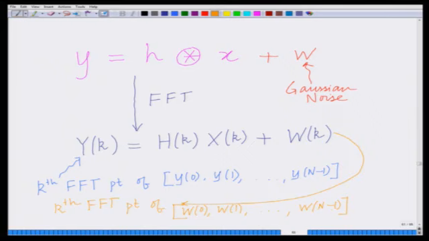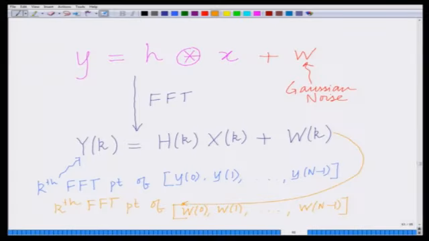So, what we are saying is very straightforward. In time domain we have the received signal small y is the channel h circularly convolved with the input or transmit signal x plus the noise small w at the receiver.